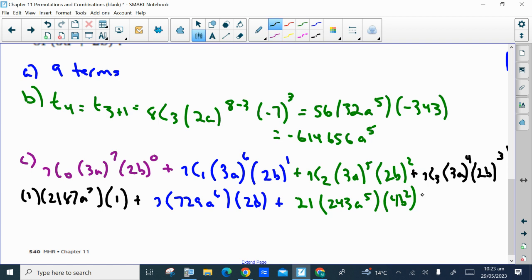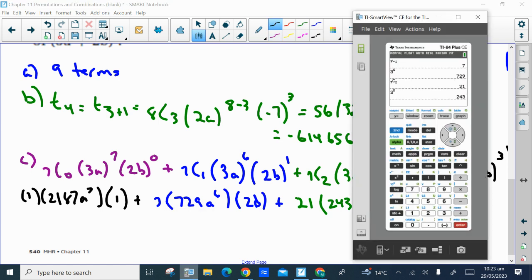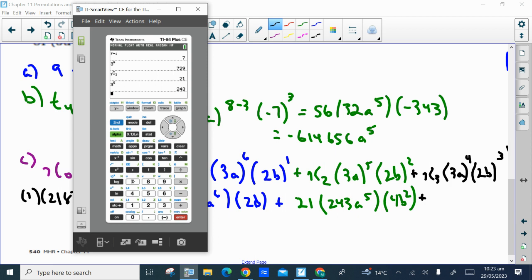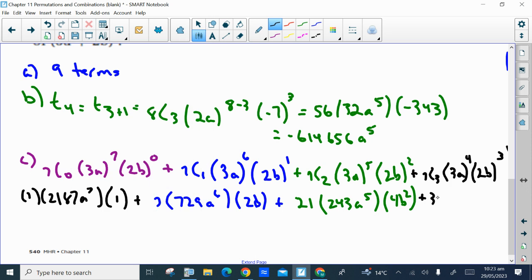And then finally our last term, 7c3 is 35. 3a all to the 4th is 81, a to the 4th. 2b all cubed will be 8b cubed.